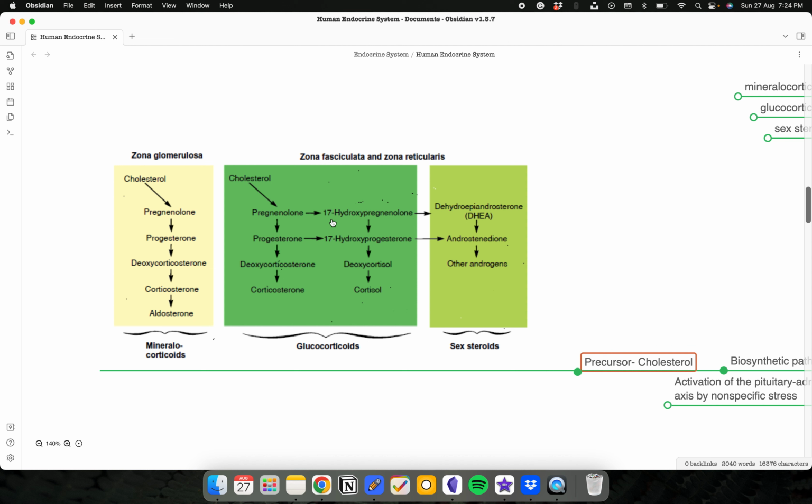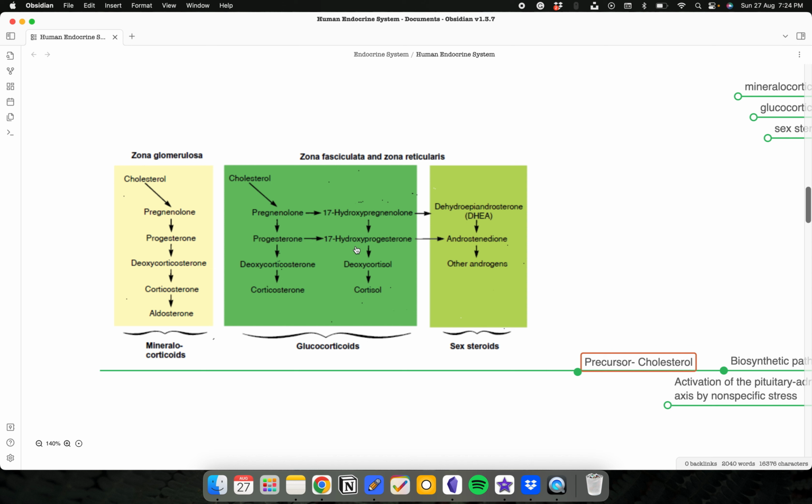Progesterone gets converted into 17 hydroxyprogesterone, and 17 hydroxypregnenolone can also be converted into 17 hydroxyprogesterone. From there, deoxycortisol and cortisol. These are the glucocorticoids.